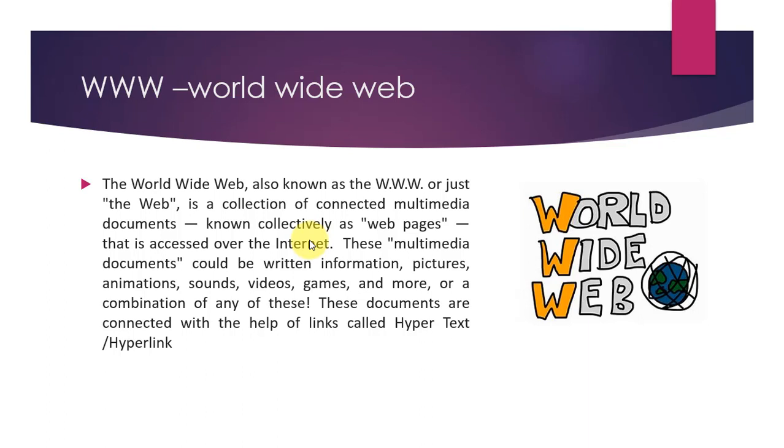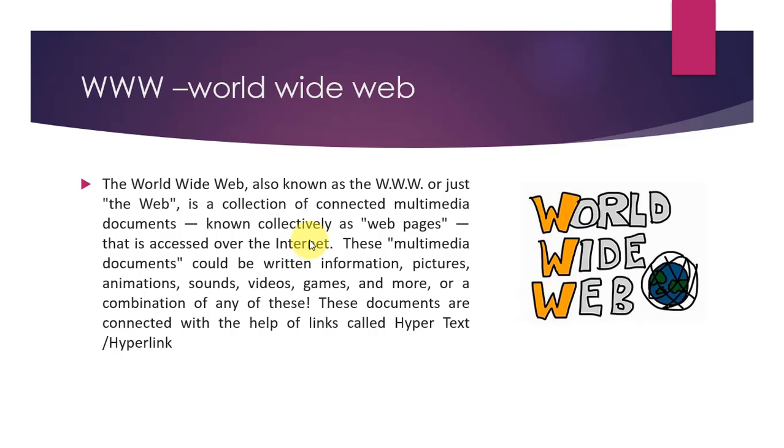Now, many people are confused with the terms www and internet. They think that these two terms mean the same thing, but there is a difference. We can say internet is a collection of computer networks that are connected together in order to facilitate sending information back and forth between them.